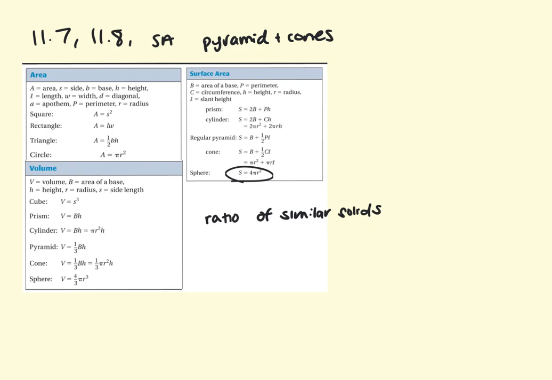You start with your scale factor, whatever that A to B is, and then to get to the volumes, if it wanted areas it'd be squared, but if it wants volumes it'd be cubed. So if it gives you that ratio, or in the picture you can find the ratio, then you would set up your scale factors, cube it, and set it equal to the ratio of the two. You're going to know one and not know the other.